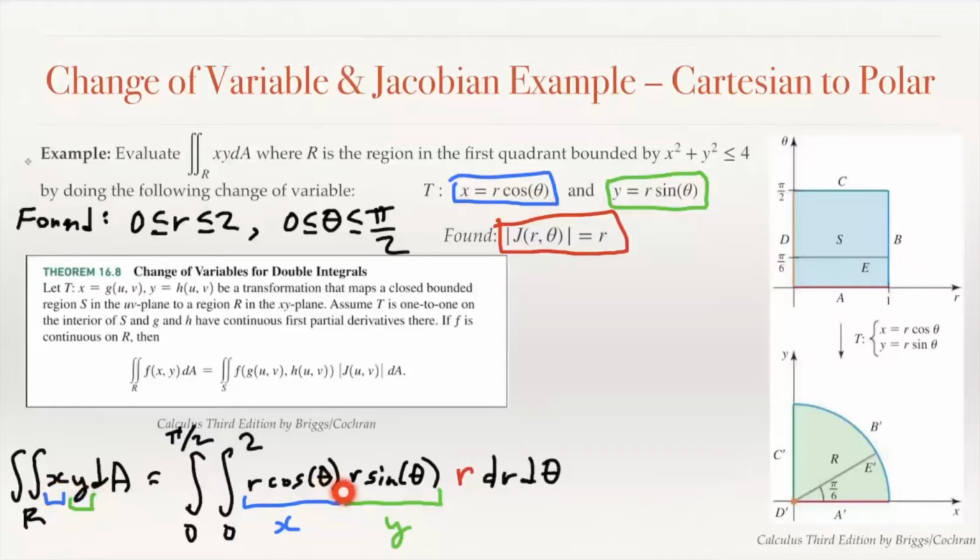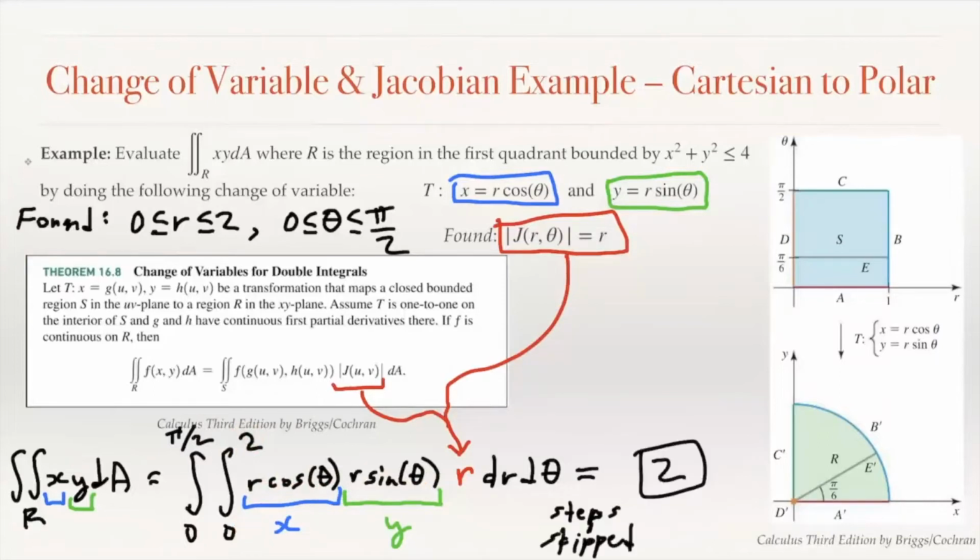X is r cosine theta. Similarly, y is r sine theta. We need everything in terms of r and theta now. And then we multiply by that Jacobian in magnitude, which we found to be the r. And that is our transformed integral. And now it has nice rectangular bounds, and one can compute that, and one ends up getting 2.